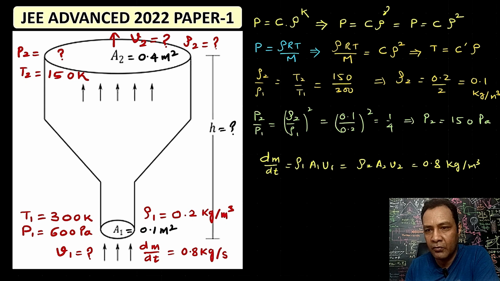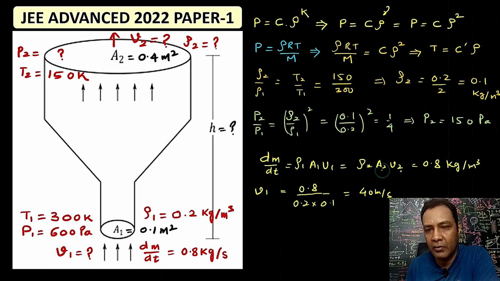So using this, first v1. V1 is equal to 0.8 divided by rho 1, which is 0.2, and divided by a1, which is 0.1. So how much will that be? That will be 40 meter per second. Simple.